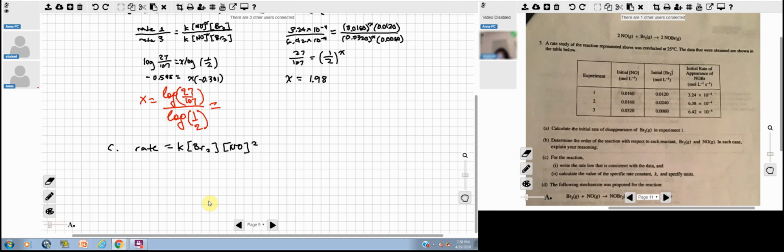Yeah. Right. Okay, just try to isolate k and write your units. First, write expression for k as a formula before you start plugging in.